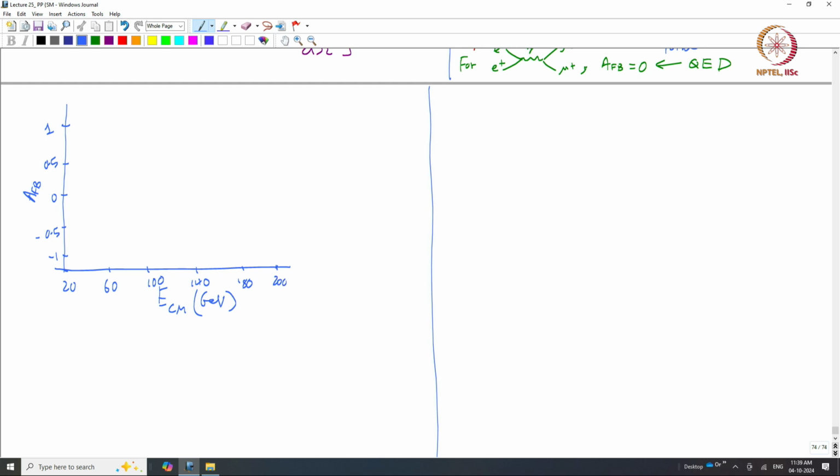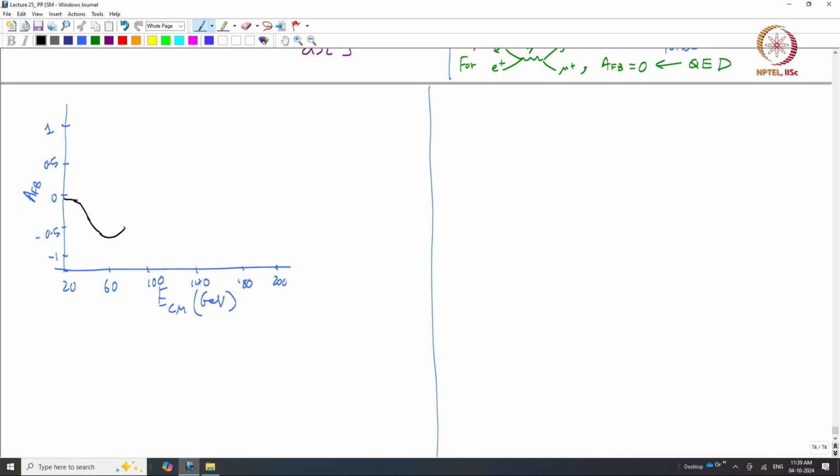After making a lot of measurements, this is what was seen. First let me draw the standard model prediction for this. It starts at around 0, then gets to some negative value, going below -0.5 around 60 GeV.